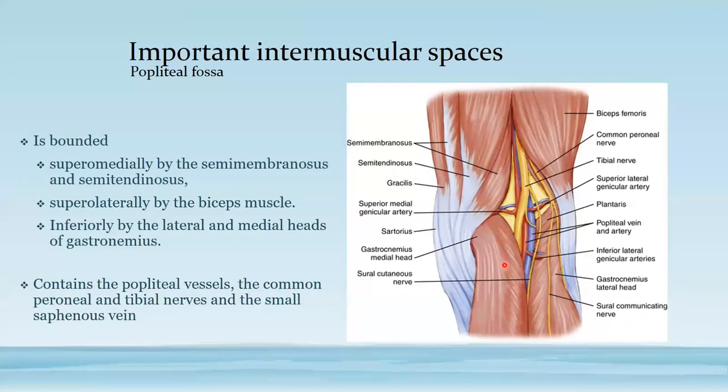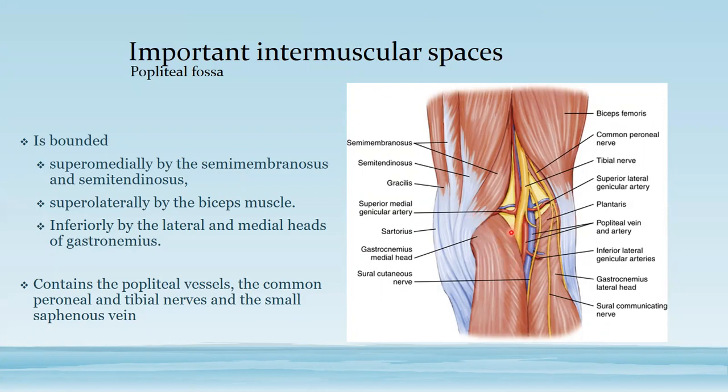And the popliteal fossa, the last intermuscular space, is located behind the knee. It is a diamond-shaped space. It is bounded superomedially by semimembranosus and semitendinosus, while superolaterally by the biceps femoris muscle. Inferiorly it is bounded by the medial and lateral heads of gastrocnemius.